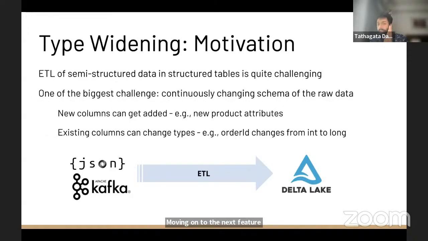type widening. This is a purely Delta feature, although it needs some changes in Spark to make it work properly on Delta's work, but is a feature. And to motivate this feature, let me paint a picture.